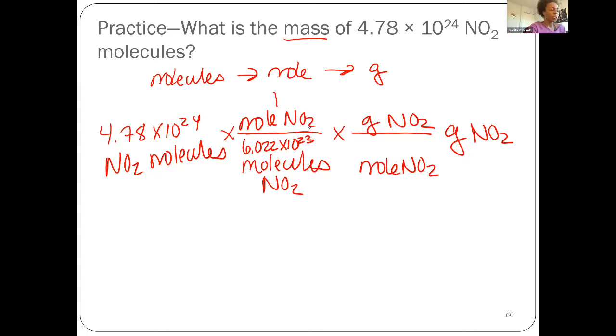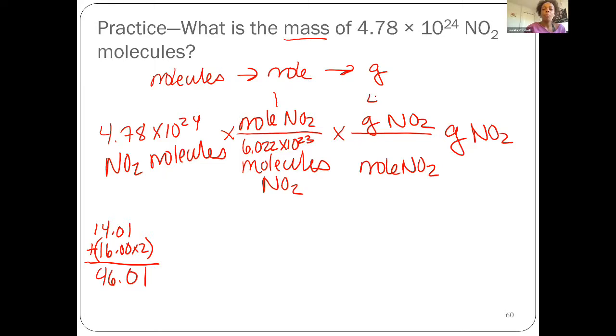So nitrogen, which is 14.01, plus oxygen, which is 16.0, but there's 2 of them. So you got to make sure you add up those masses correctly. So we'd have 32 plus 14.01 gives us 46.01.